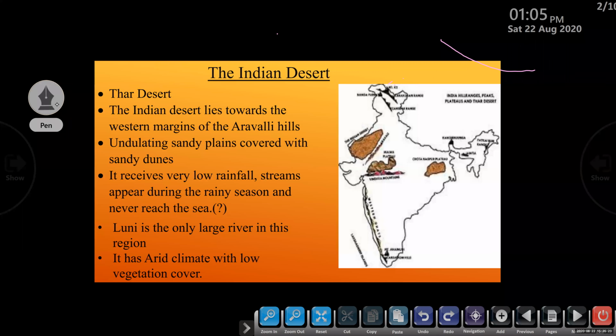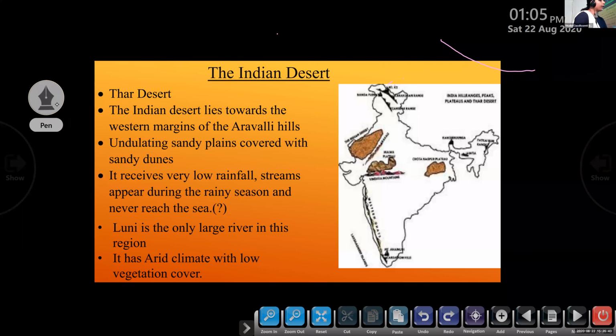What are the features of the Indian desert? The Indian desert is known as the Thar desert. It lies west of the Aravalli mountain range. It has undulating sandy plains covered with sandy dunes. It receives low rainfall.